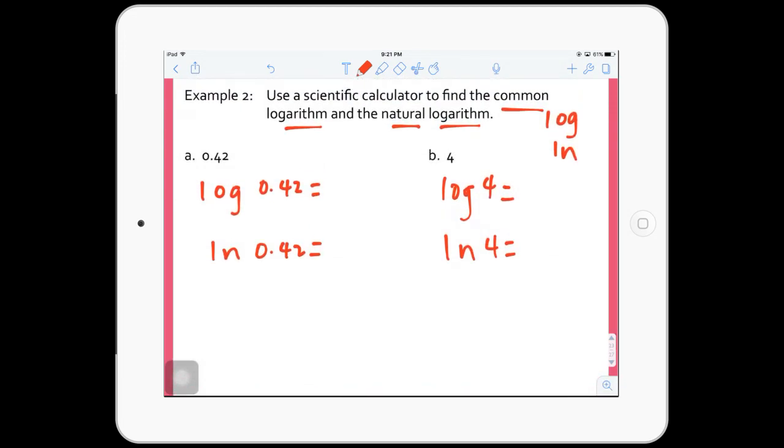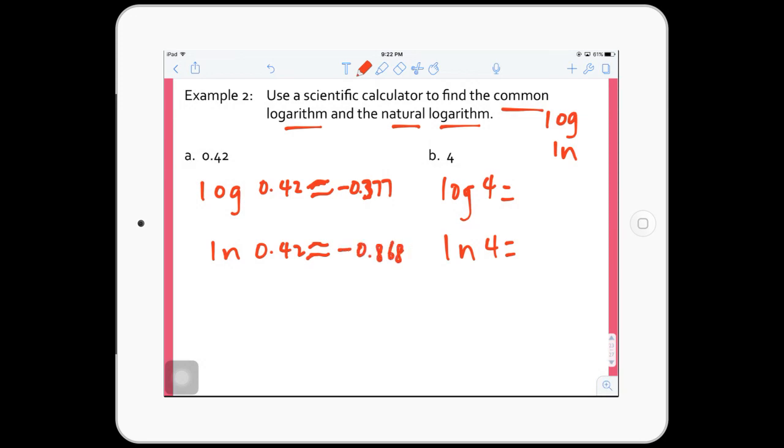So the log of 0.42 should be approximately negative 0.377. So go ahead and try that and see if you're getting that value to see if your calculator is in sync. And the natural log of 0.42 will give us negative 0.868. So those are the two values.